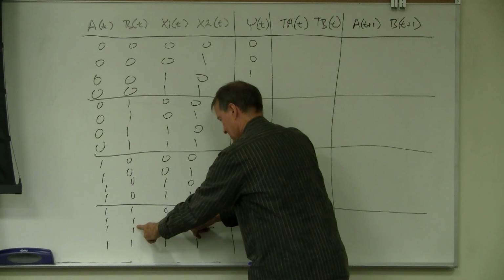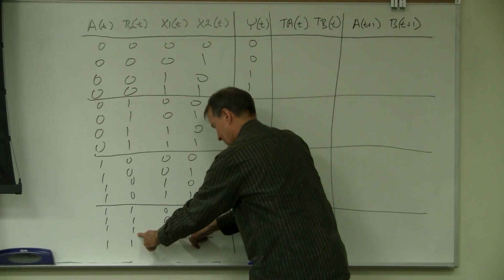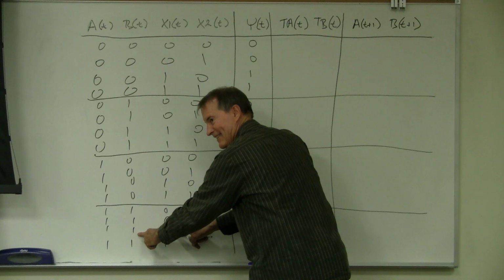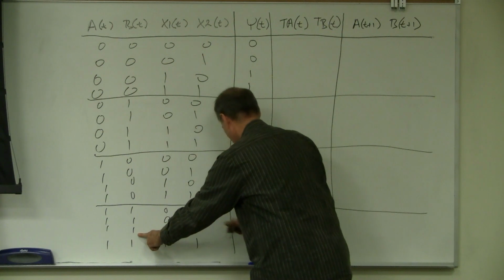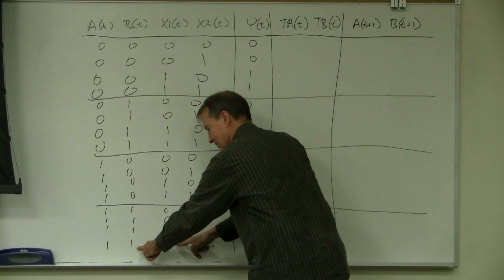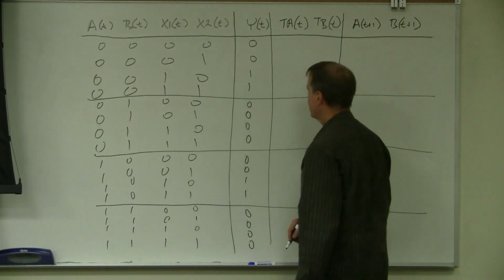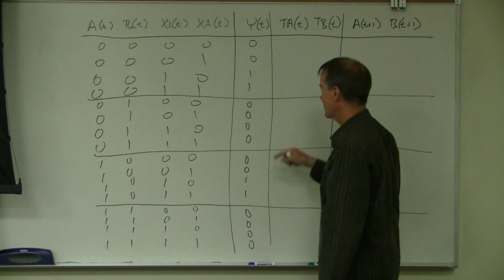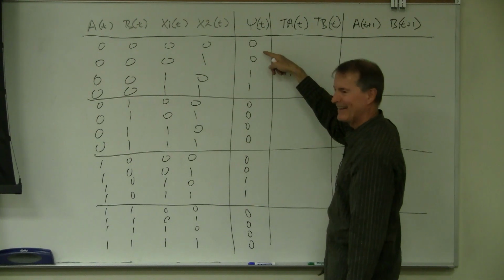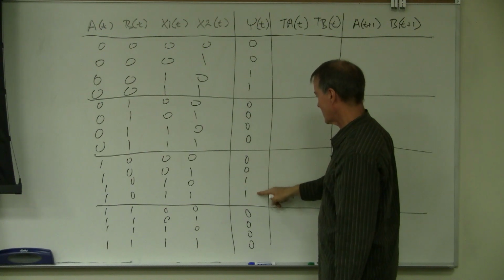This one? 0. Who's next? This and not this. 0. And this one. Who's next? 0. All right. Now, did we have any challenges? I wasn't looking or thinking. So the column is 0, 0, 1, 1, 0, 0, 0, 0, 0, 0, 1, 1, 0, 0, 0, 0.